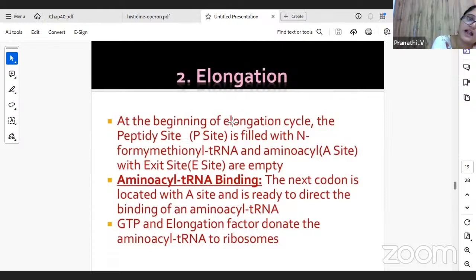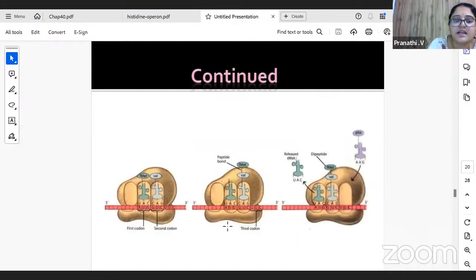The next codon comes and binds in the amino acid site. This causes the direct binding of the amino acid tRNA. You have different elongation factors that donate the amino acid tRNA to the ribosome.